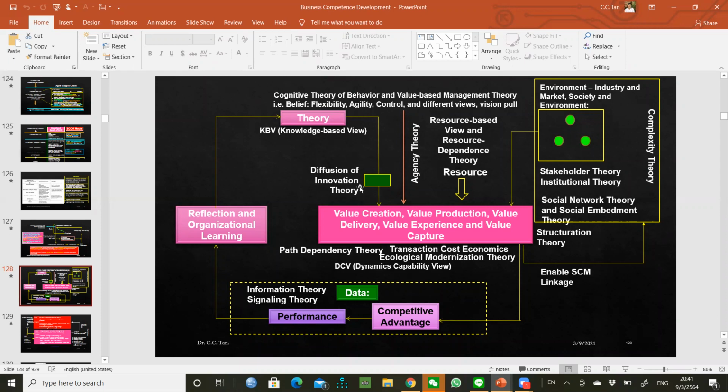So how are you going to diffuse? Are you going to diffuse with certain ways, certain attributes? Maybe get your people to trial, or get your employees to learn, or get your network members to observe and come and visit. I also visited Alibaba's place near Shanghai.